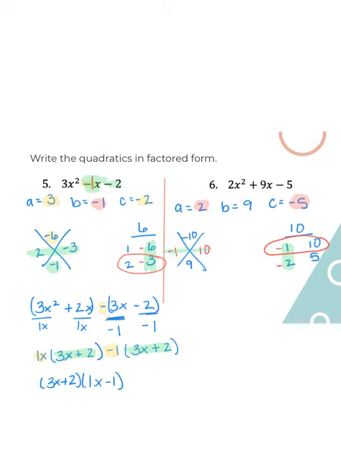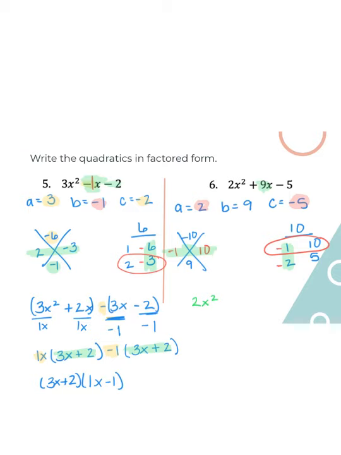And now we're going to take these two right here and replace that 9x. Okay, so I'm going to start at the beginning. I have 2x squared, plus, oops, sorry, not plus 1x. We're not going to add it because it's a negative 1.